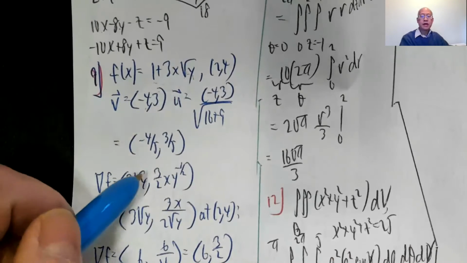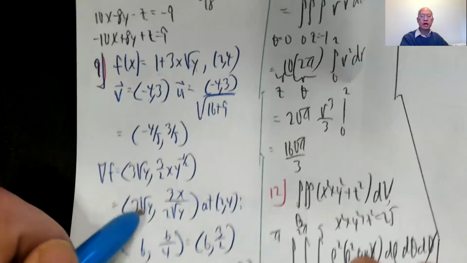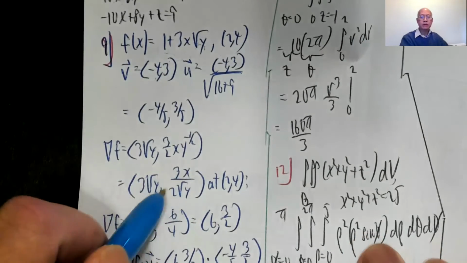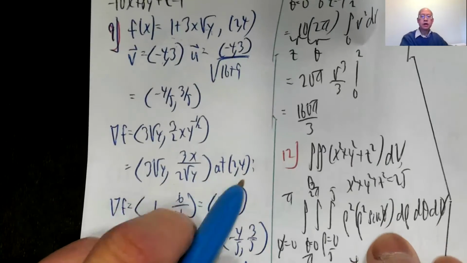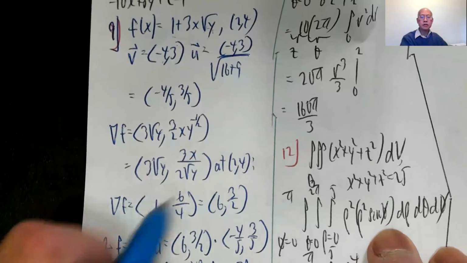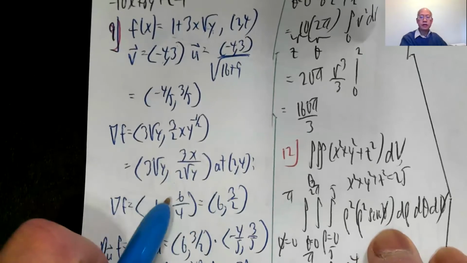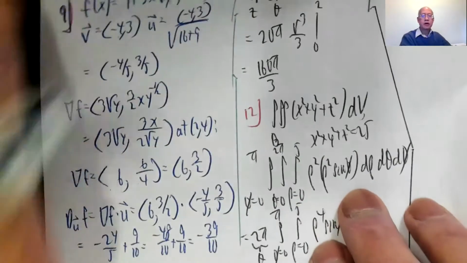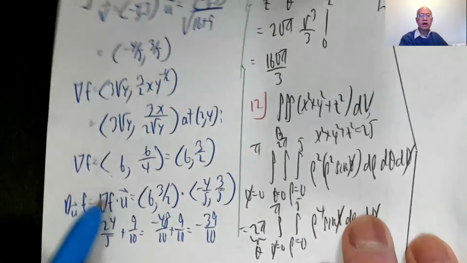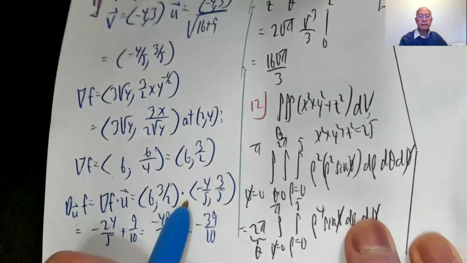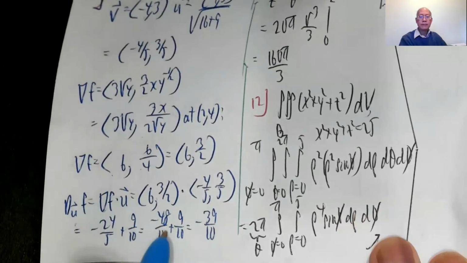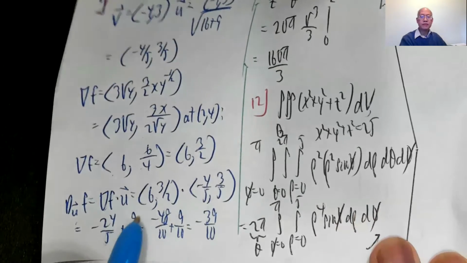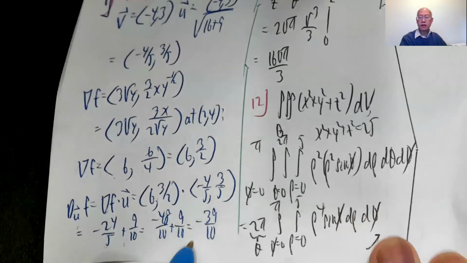So 3 times a half, 3 halves x, y to negative a half, which can be rewritten as 3x over 2 radical y. Then I plug in 2 comma 4, put a 4 there, 3 times 2 is 6. Put a 2 here and a 4 here, you get 6 over 4 or 3 over 2. So the directional derivative of f in the direction of u is del f dot u, 6 comma 3 halves dot negative 4/5, 3/5, which is negative 24 over 5 plus 9 over 10. Clean it up, negative 39 over 10.